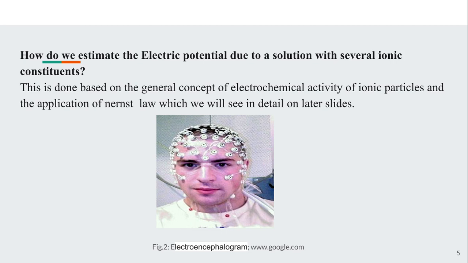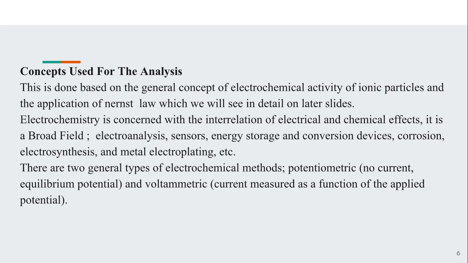This can be done based on the general concept of electrochemical activity of ionic particles and the application of the Nernst law, which we will see in detail on later slides.